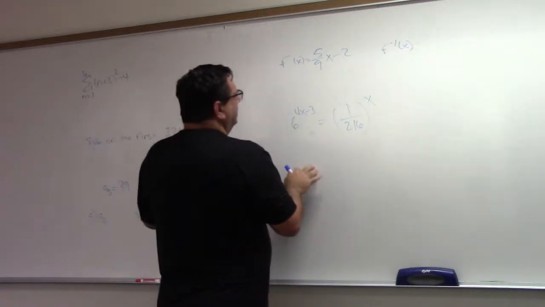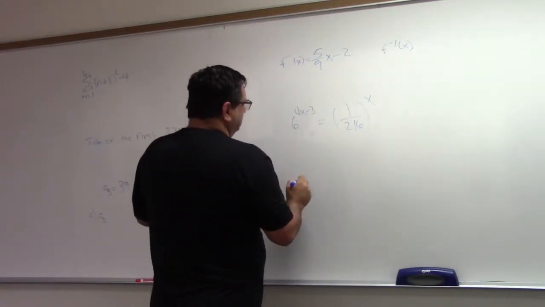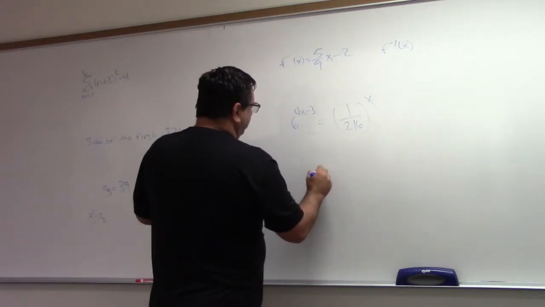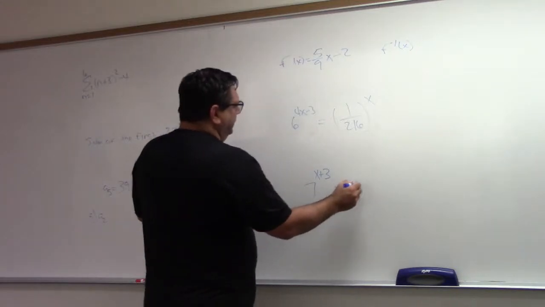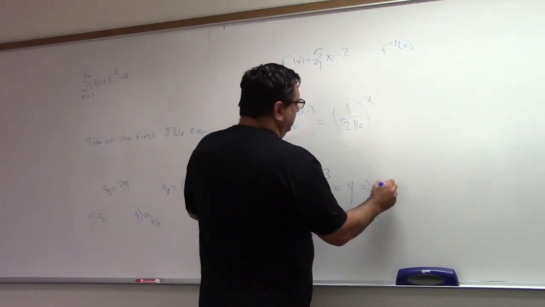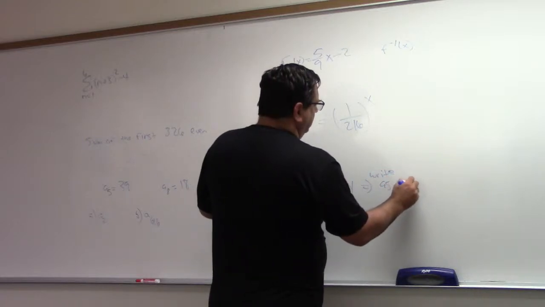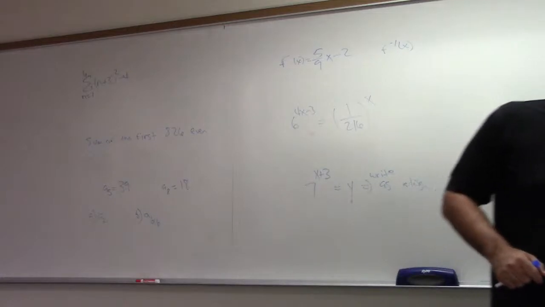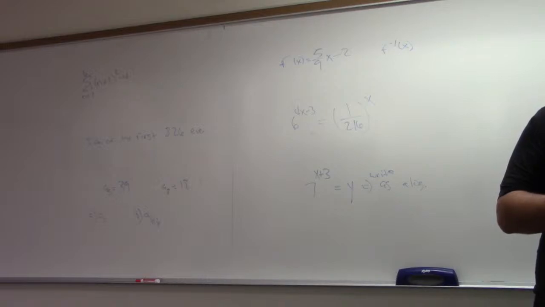And then let's go 7 to the x plus 3 equals y, and let's write this as a log. I gotta memorize this. You have to? I have to. Oh, okay, yeah, that'd be smart.